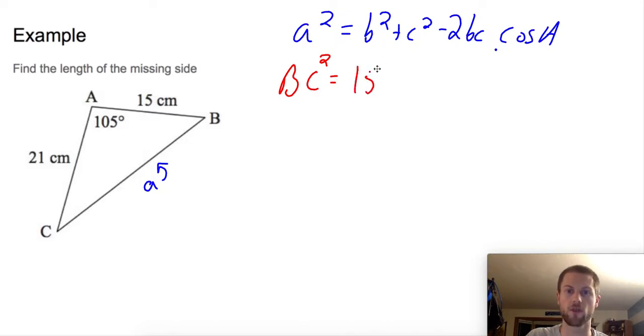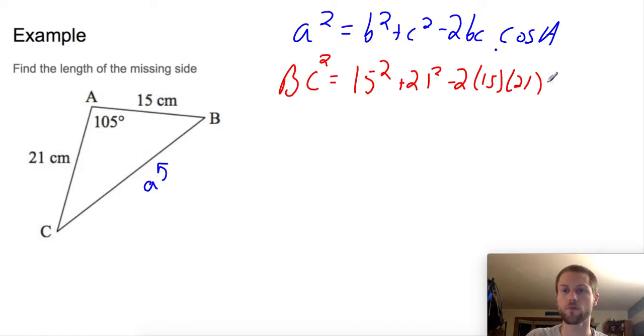So I've got 15 squared plus 21 squared minus 2 times 15 times 21 times the cosine of A. And actually, I don't need to write A because I know the angle. It's 105, so that's times the cosine of 105. Moving along, I can multiply some stuff together or square these and add them up.